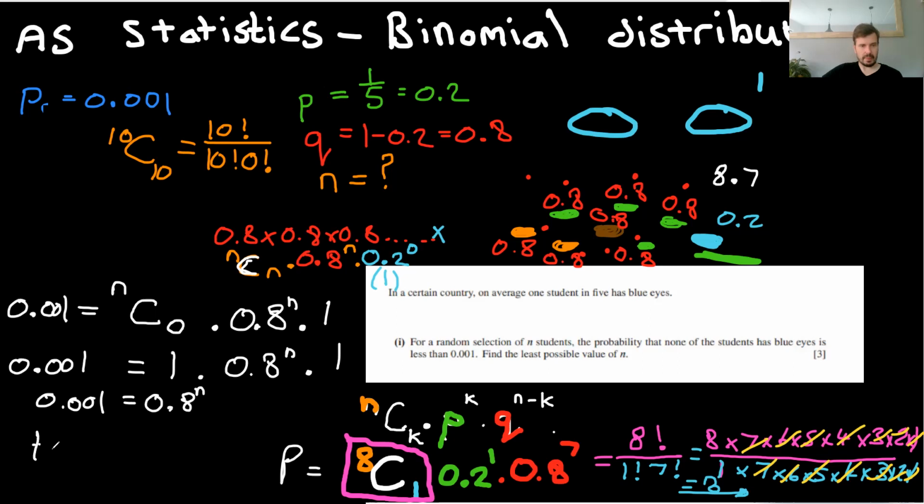Log base 0.8 of 0.001. You should have a button on your calculator for this. If you don't, using log laws, you can say log 0.001 over log 0.8. And what do you get when you put this in your calculator? 20.637.